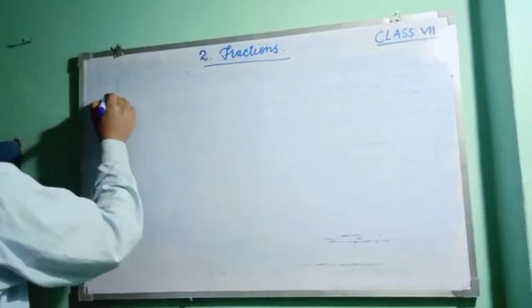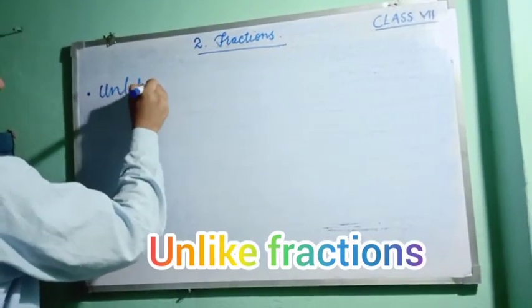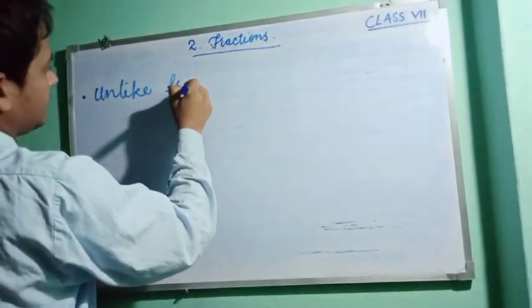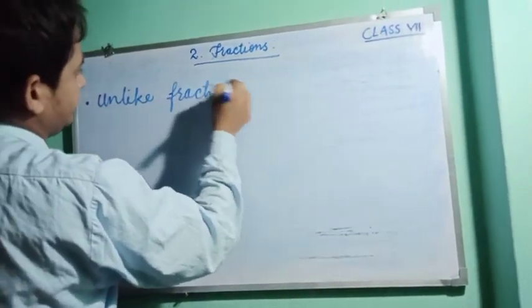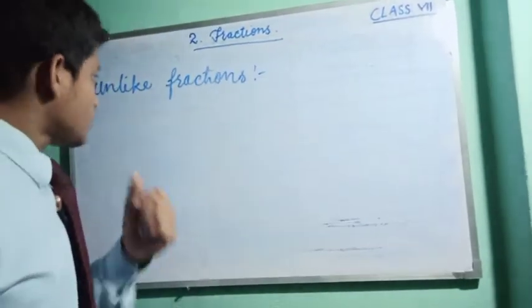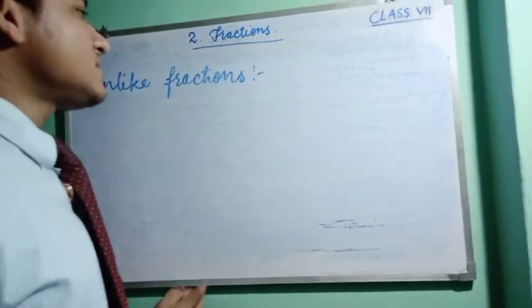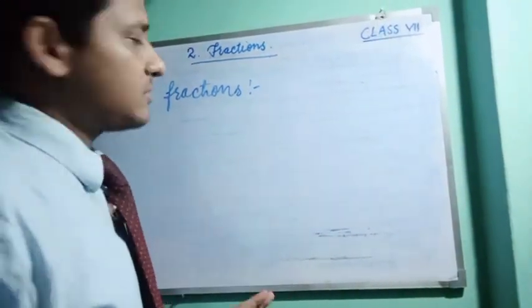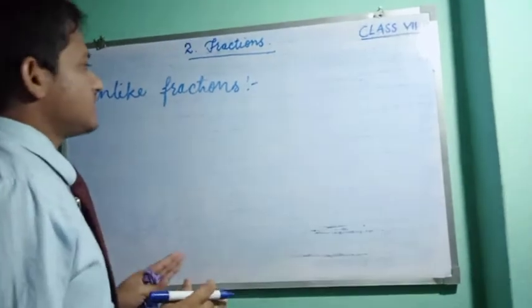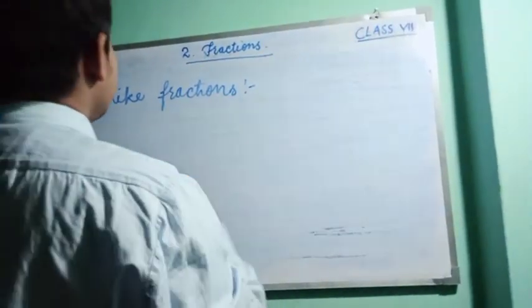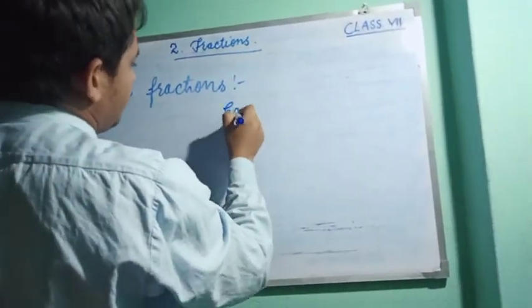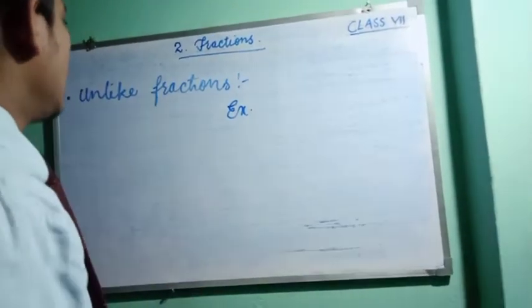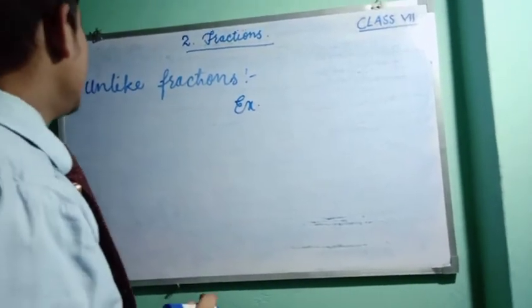Next, unlike fractions. Fractions having different denominators are called unlike fractions. I repeat, fractions having different denominators are called unlike fractions.